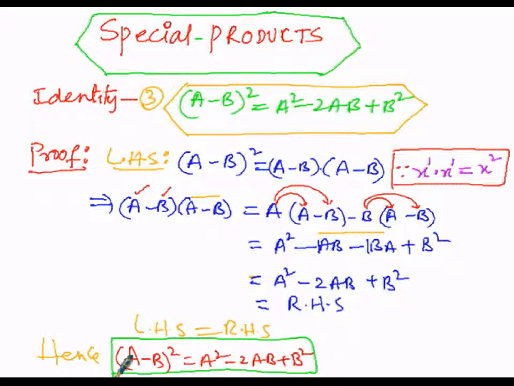Now, the geometrical proof. In the geometrical proof we are going to consider a square ABCD of side a units.